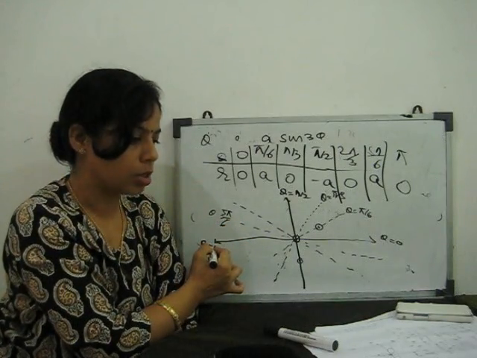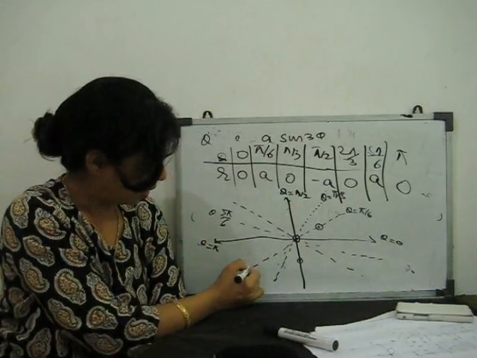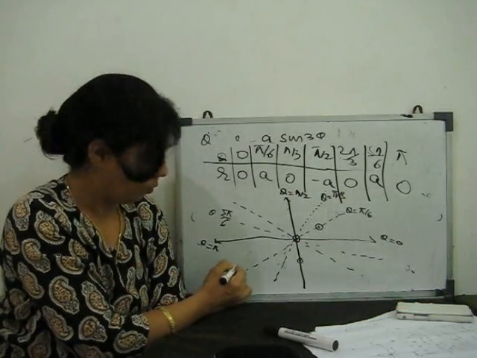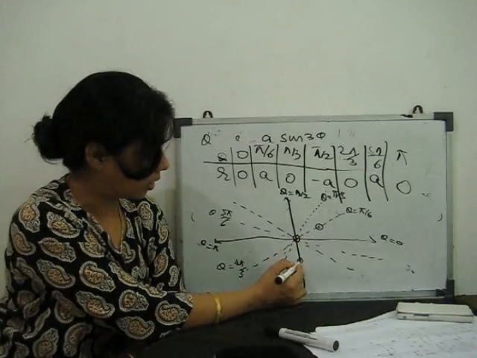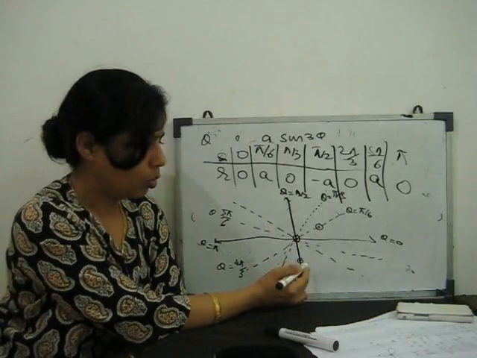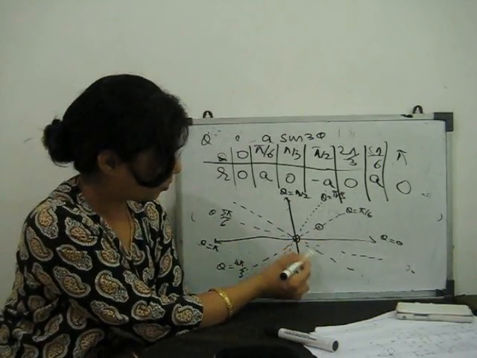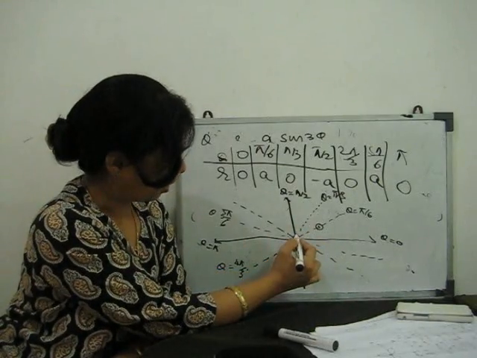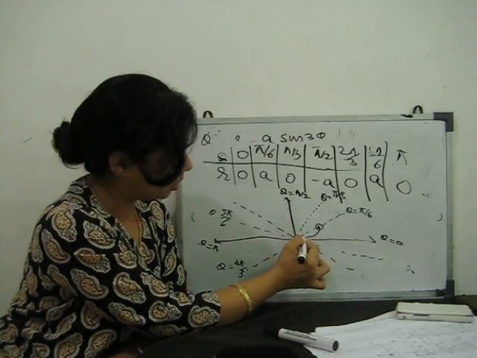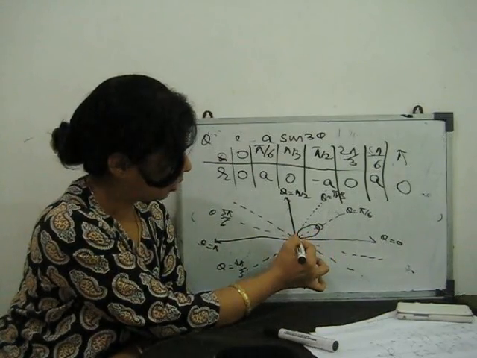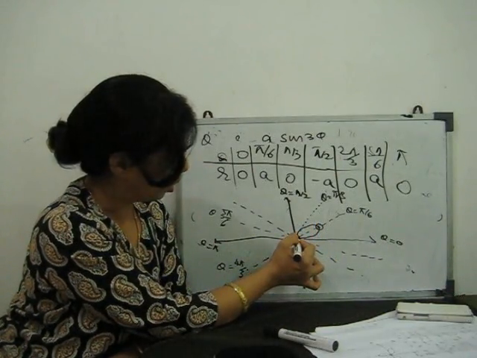This line is theta is equal to pi. This line is theta is equal to 4 pi by 3. Again this line is theta is equal to pi by 2. Now we make the curve. See, at this a, and at this pi by 3, again 0.